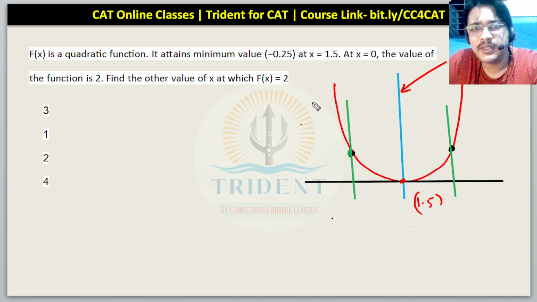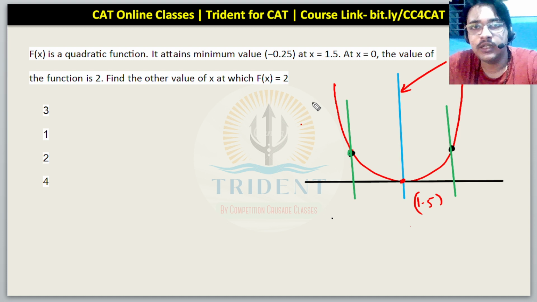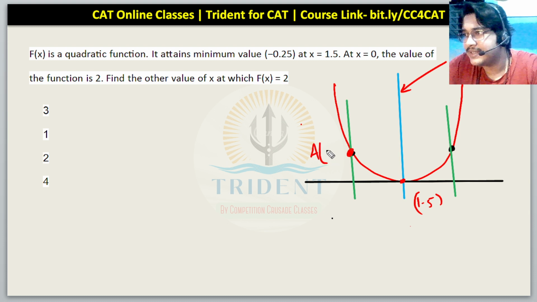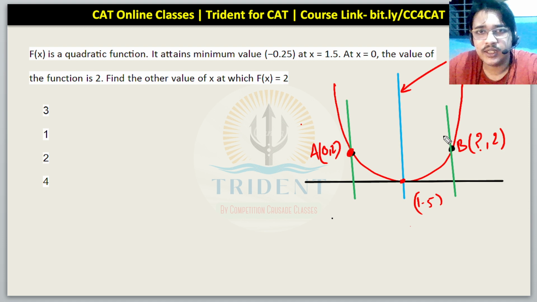What does this mean? It only means that when you plug in x equals 0, the y coordinate comes out to be 2. So I know this point, suppose I call it A, is (0, 2). The question now boils down to finding (?, 2), because this is going to be parallel to the x-axis, so the y coordinates will be equal.